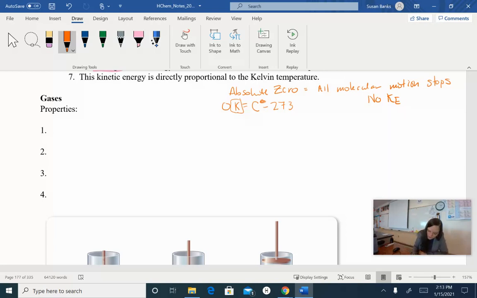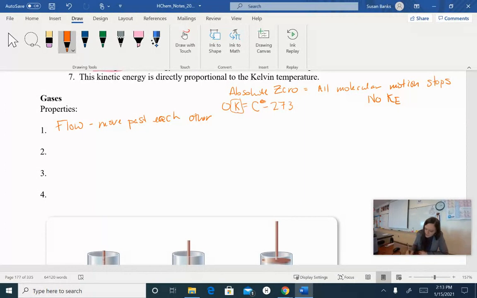So molecules in gases flow. That means they can move past each other. Okay? And because they can flow, that means that gases have no definite shape and no definite volume.